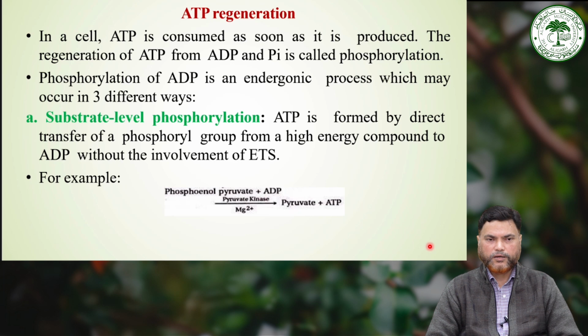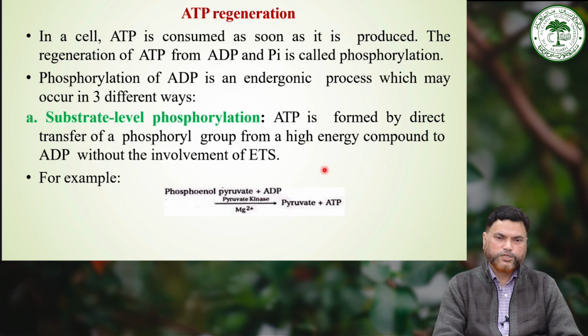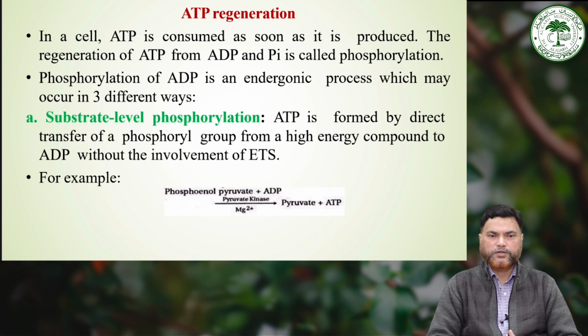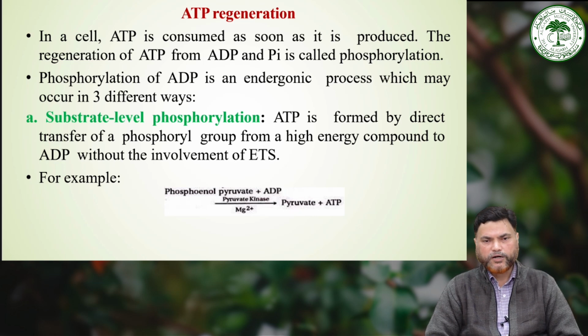One important one is substrate level phosphorylation. So the question is, what is substrate level phosphorylation? In this, ATP is formed by direct transfer of a phosphoryl group from a high energy rich compound to ADP without the involvement of the electron transport system.